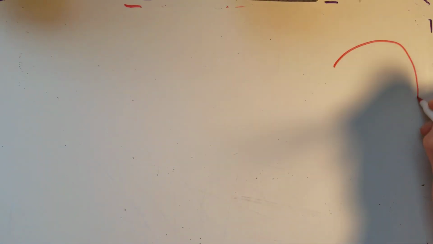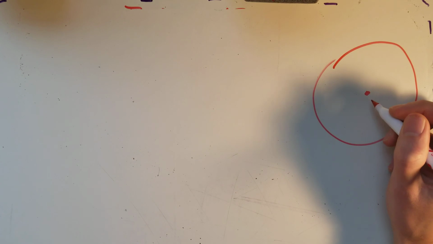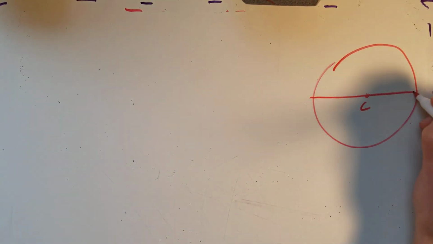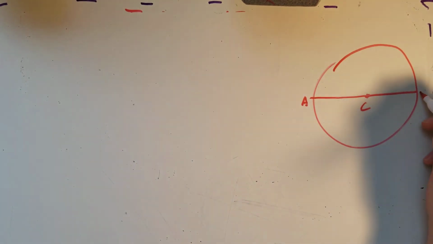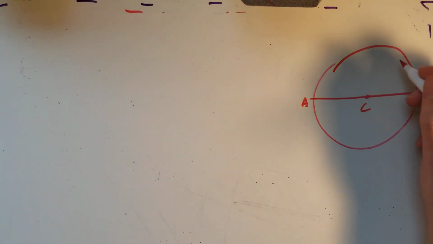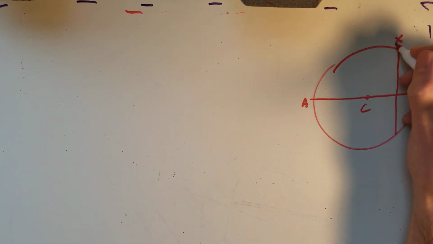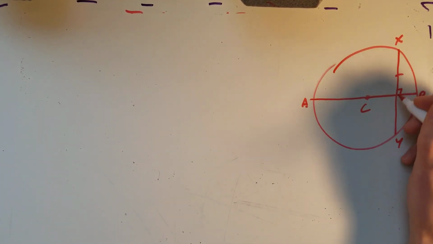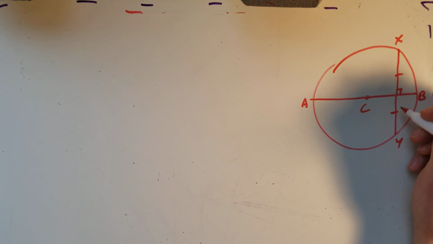Here we go. So our next theorem states we have a circle, circle C, and then we have a chord AB, and this chord XY, and we know it's going to be bisected.